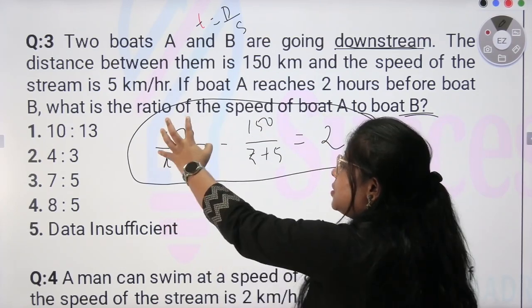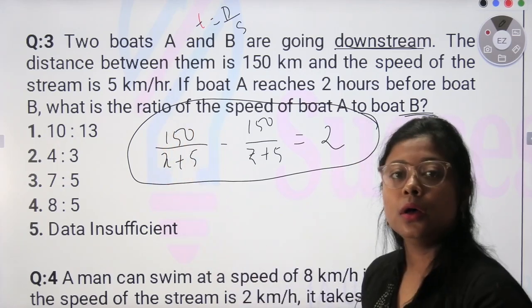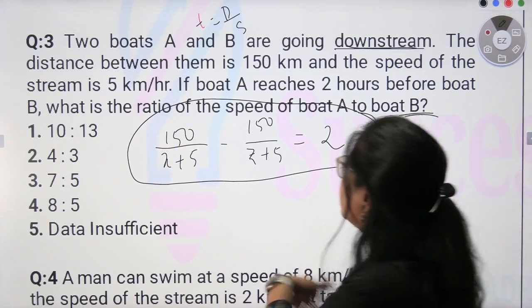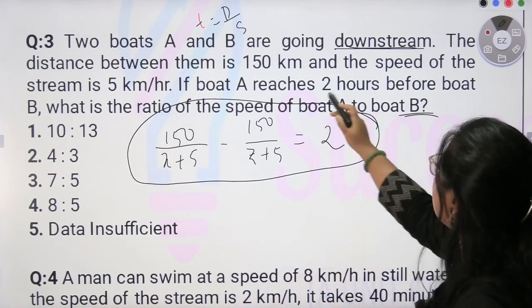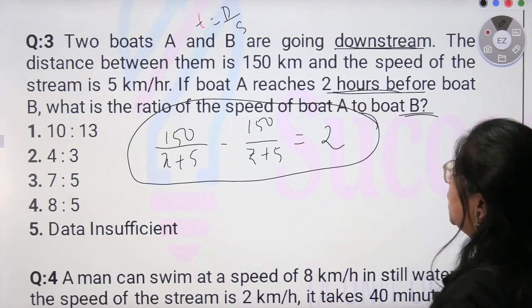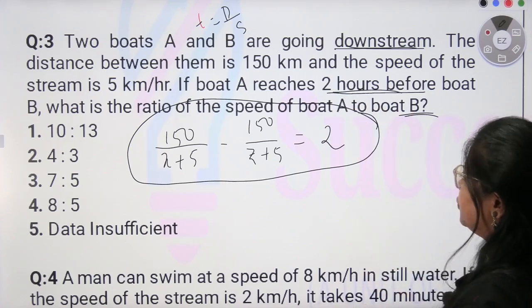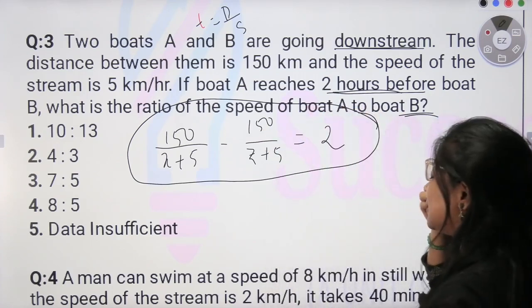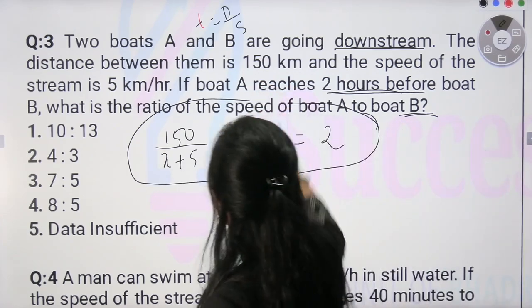Because boat A is taking 2 hours less, that means it will reach 2 hours before. If boat A reaches 2 hours before, okay, fine. Since A takes less hours, that means B is taking more hours.